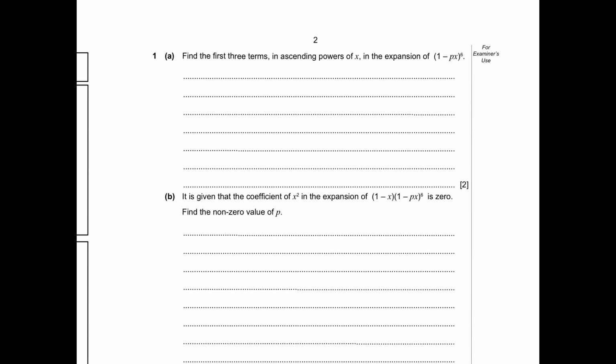We are going to use the formula. I'll write that (1 plus ax) to the power of n. The formula will be 1 plus n(ax) plus n(n minus 1) over 2 factorial (ax) squared.